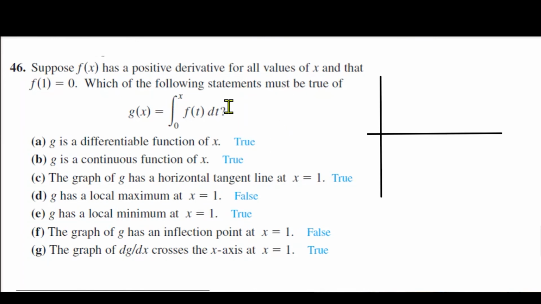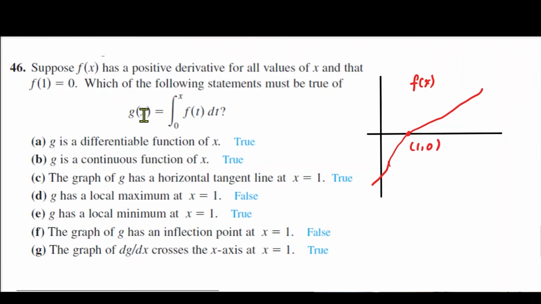You get it? And then it passes through 1, 0. So whatever this function is, it's going to look like this. This is the graph of f, and it does pass through 1, 0 here. You with me? Actually, it doesn't end there. It could continue on forever.